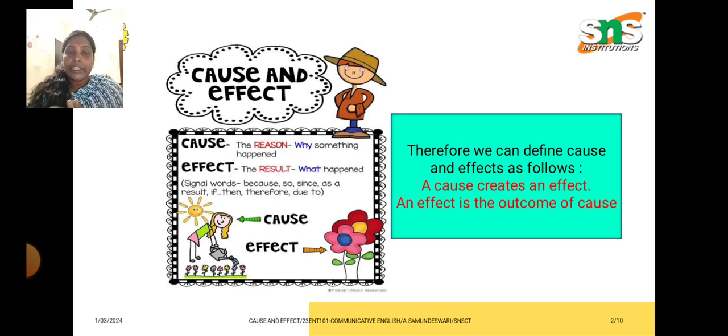While connecting the picture, a girl is watering the plant regularly. This leads to blooming flowers from that tree or plant, obviously. Therefore, we can define a cause as something that creates something to happen. Similarly, an effect is the outcome of the cause.